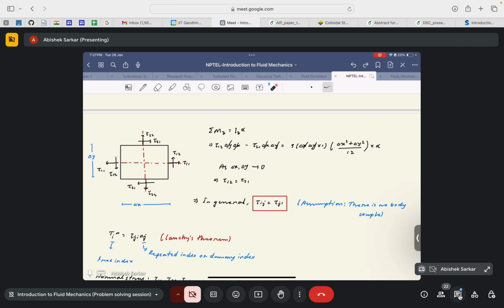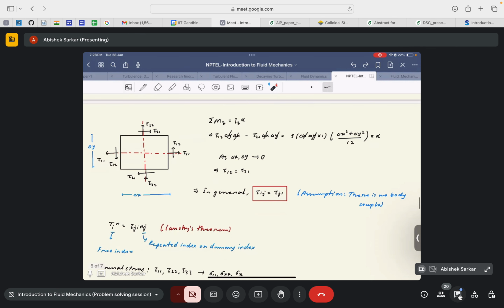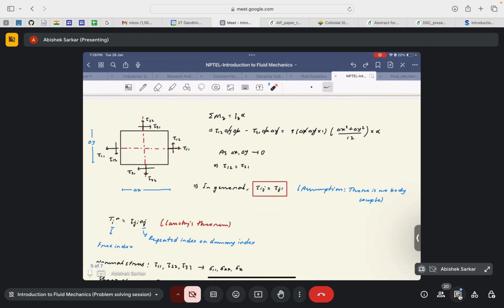Again, these normal components, that is tau 11 and tau 22, would cancel because they are in the opposite direction, having the same surface area. So the net force because of these stress components are in the opposite direction, so they cancel out. So they are not contributing in generating any moment along the z-axis. But these components tau 12 and tau 21 have a tendency to generate a rotational component along this z-axis.